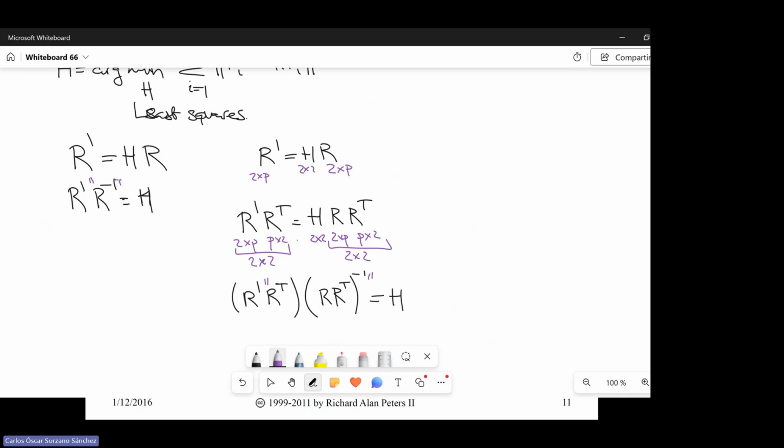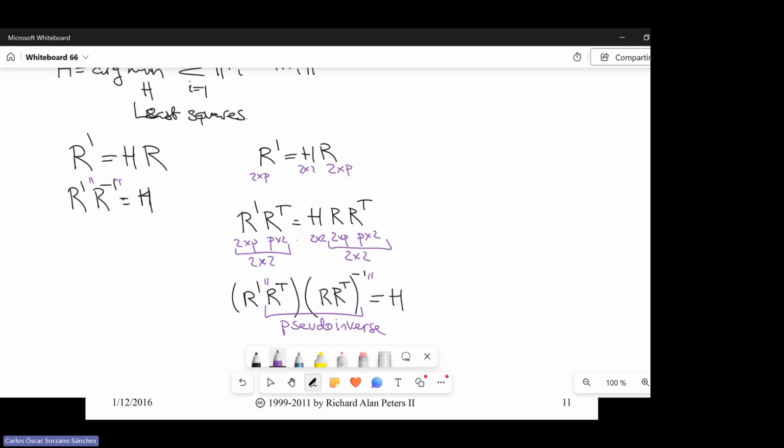Remember, it is R prime times something. This is the something I'm looking for. This thing here is called the pseudo inverse. It's not an inverse because the inverse of R is not defined, but it acts as an inverse.